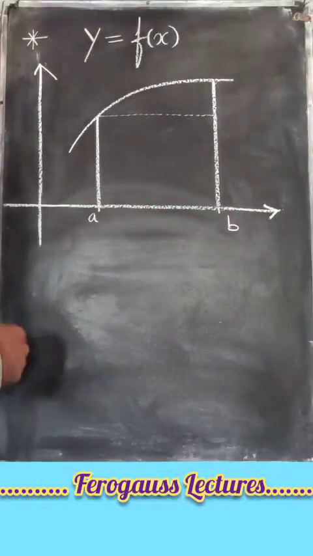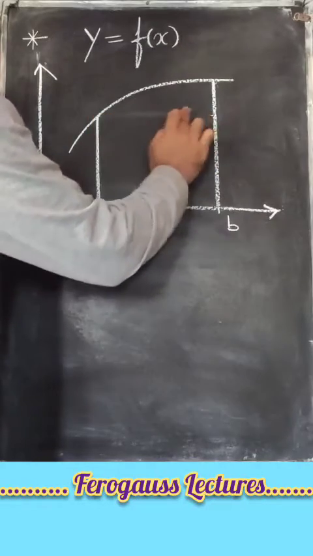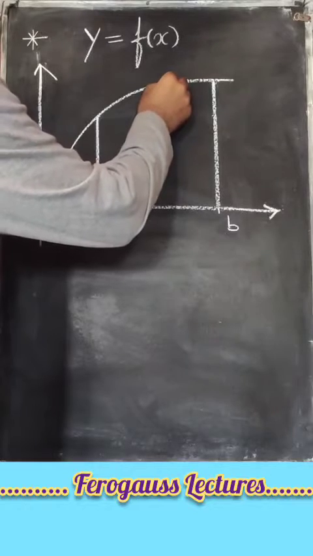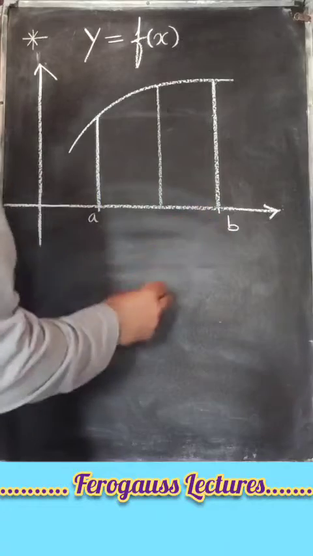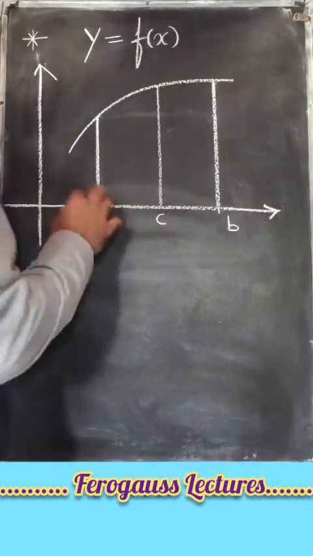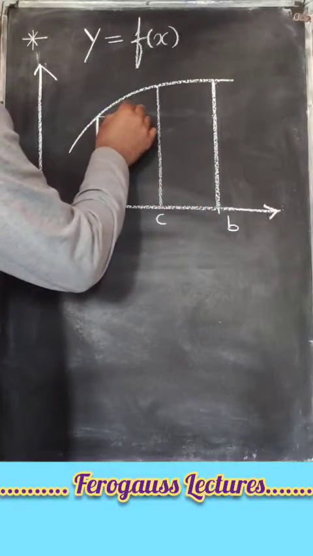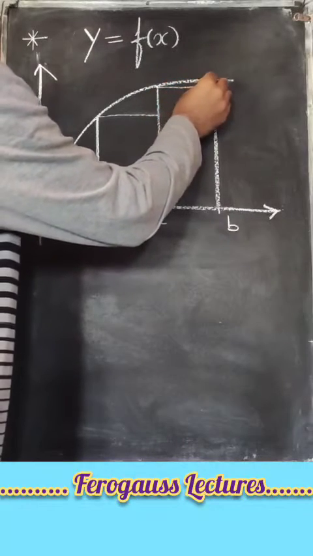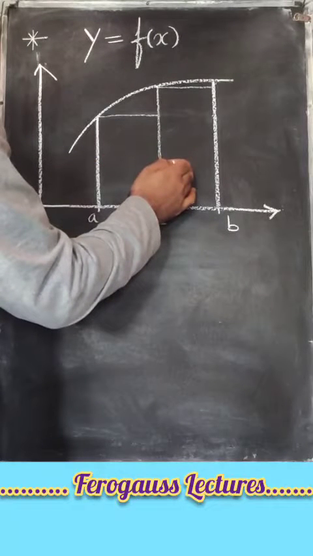Now let us take two rectangles instead of one. Now we have two rectangles, and let they are of equal width. Now we can easily find area of these two rectangles.